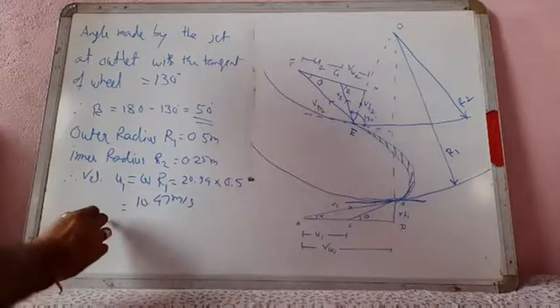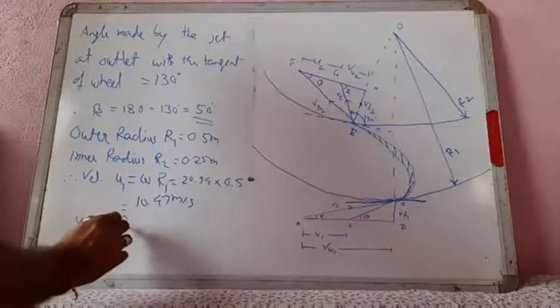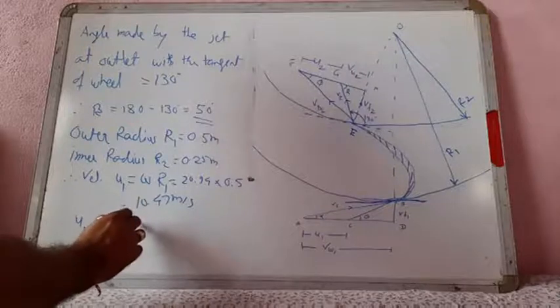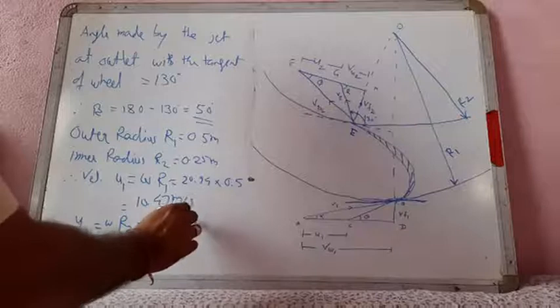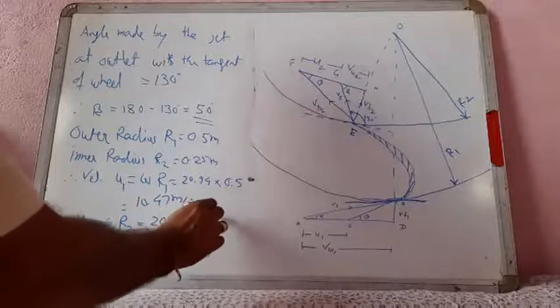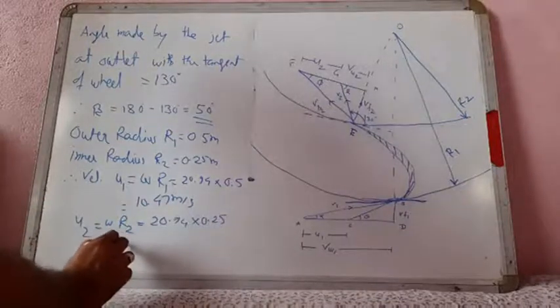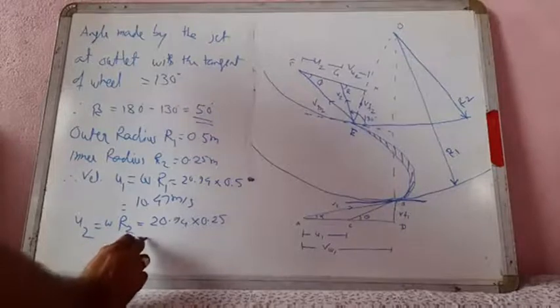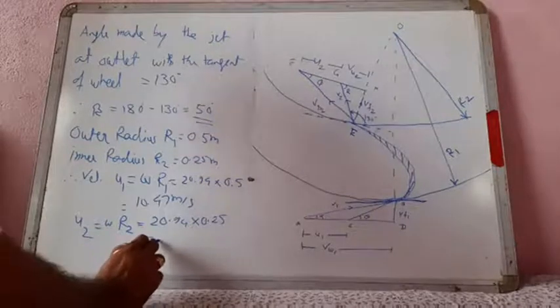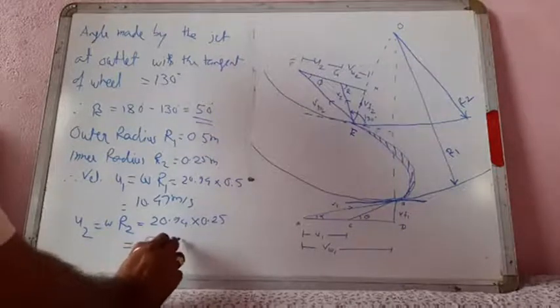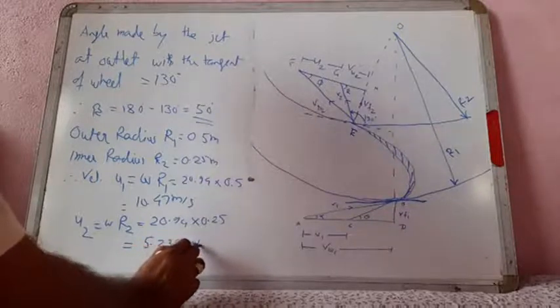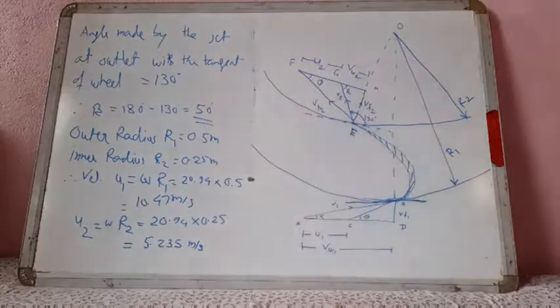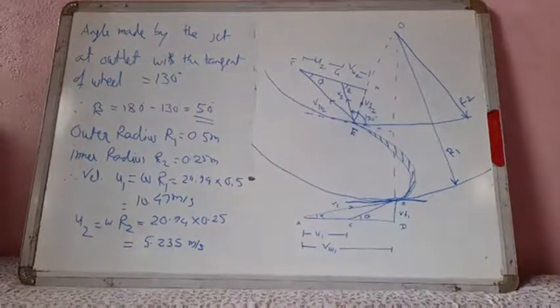And U2 equals omega R2, that is 20.94 into 0.25, so the value comes to 5.235 meters per second.